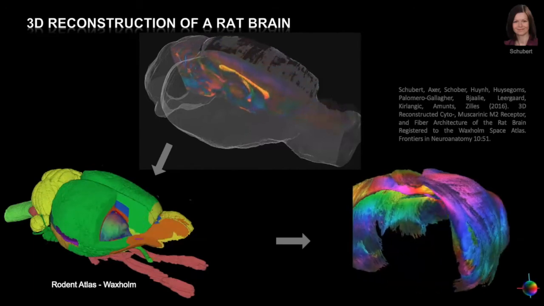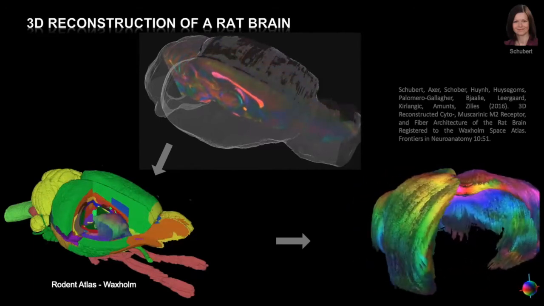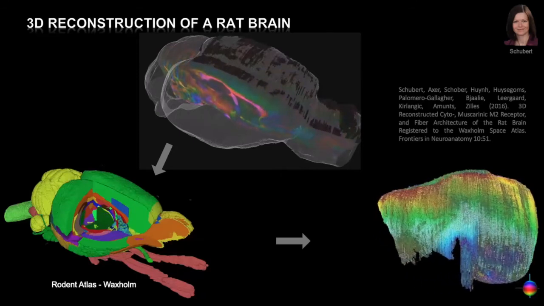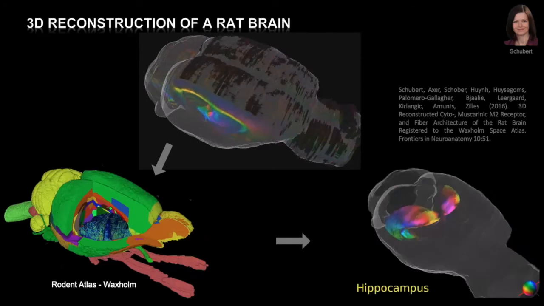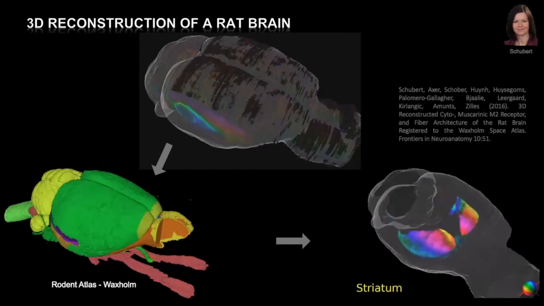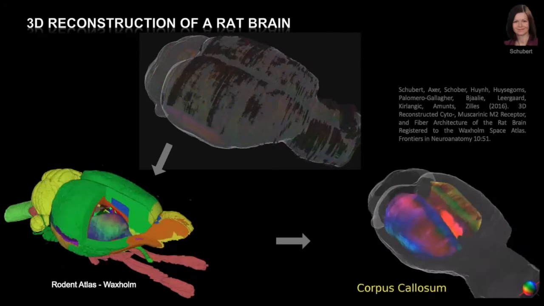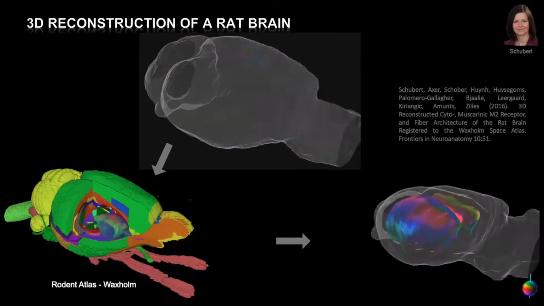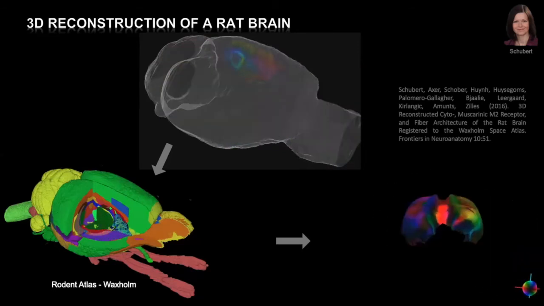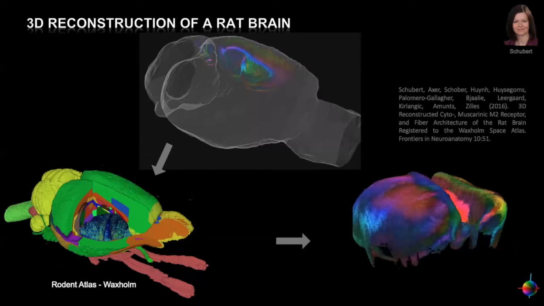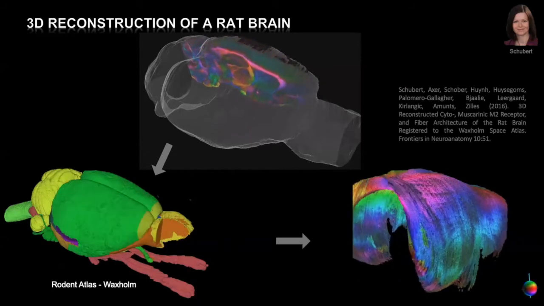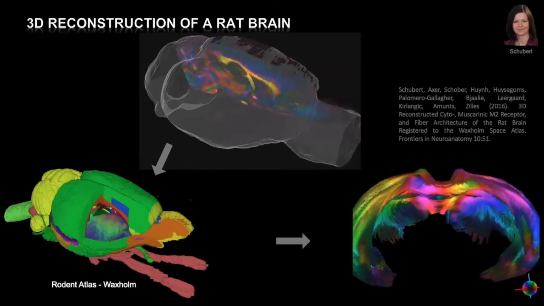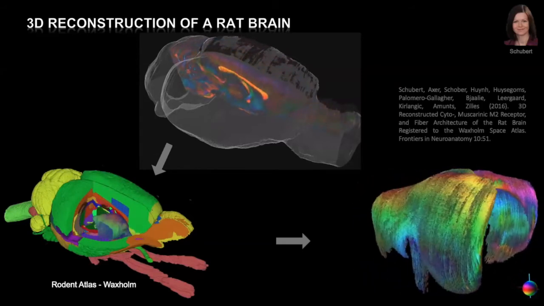On the other hand, one of the benefits of this classical sectioning approach is that you have the possibility to measure really large areas within a section. However, still we have to deal with this painful kind of registration, realignment of the data.